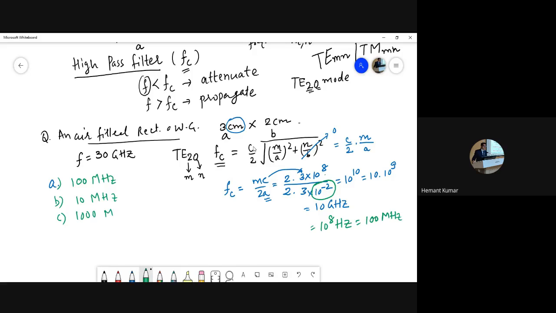1000 megahertz. D is equal to 10,000 megahertz. Based on this you can calculate what is the correct answer.